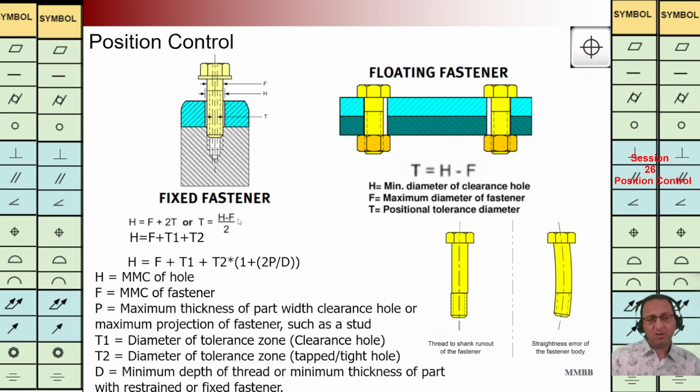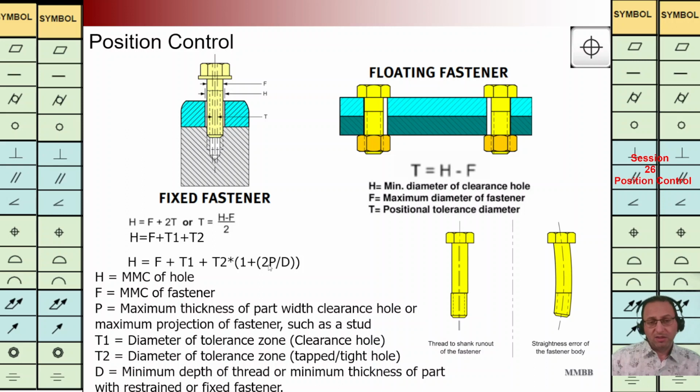Here, I will talk about this fastener. We are going to have two different types of fasteners, let's say fixed and floating. We are going to have some parameters: H is going to represent hole diameter, F is going to represent fastener diameter, and T is going to represent tolerance, for both floating and fixed.